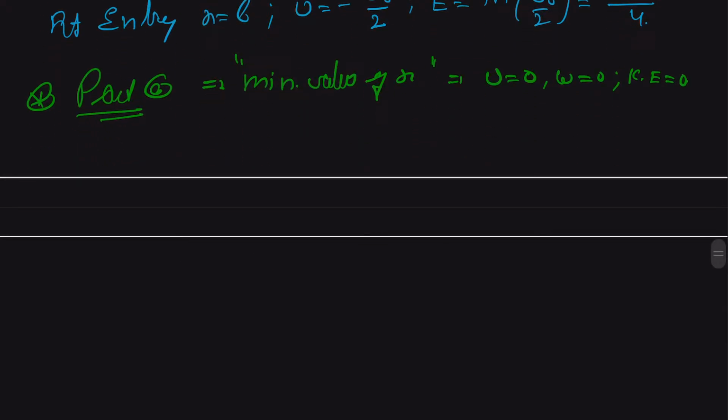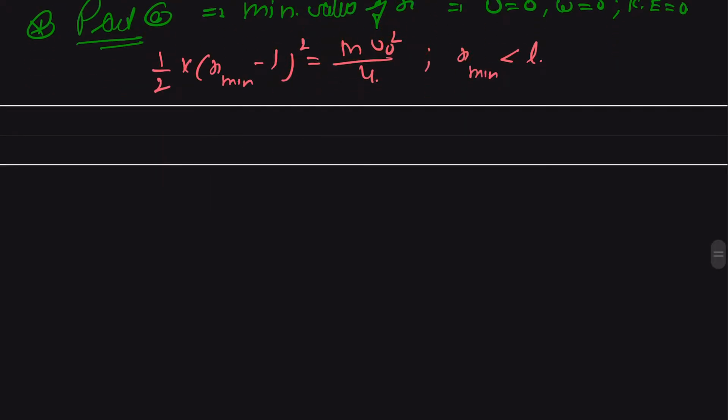Therefore we can write that half k (x minimum minus L) whole square will be equal to m v naught square upon 4, and we already know that this x minimum obviously will be less than L. Therefore x minimum minus L will be negative of the square root of m v naught square upon 2k.